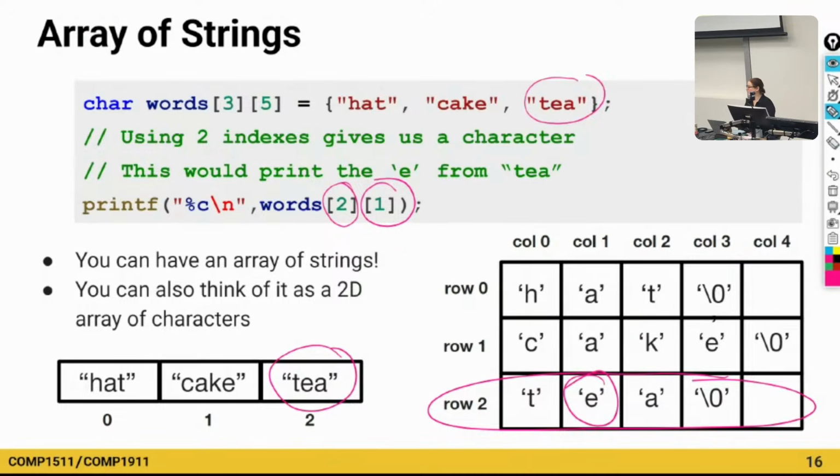Yep? What if you tried printing out the null terminator? The question was, what if you print the null terminator? If you print the null terminator, often it looks like nothing has been printed. Sometimes you might get a weird looking thing, but often it'll look like nothing's printed and you think, oh, well, it doesn't matter. But sometimes when you're doing things like auto tests, the auto test doesn't see visually like we do.